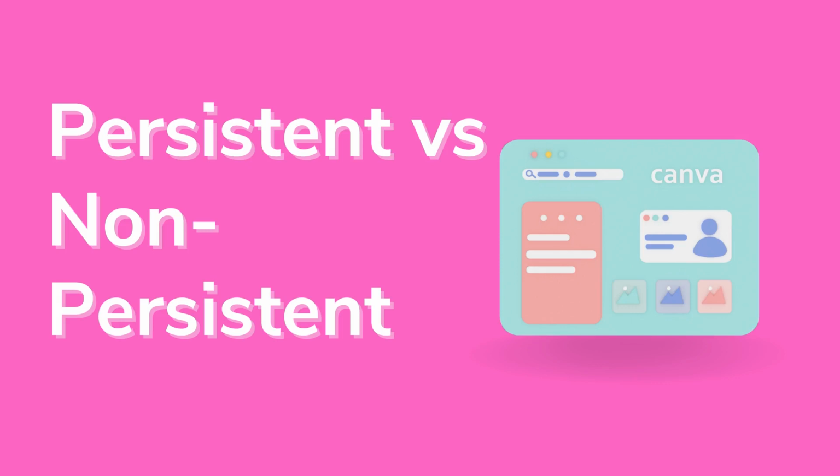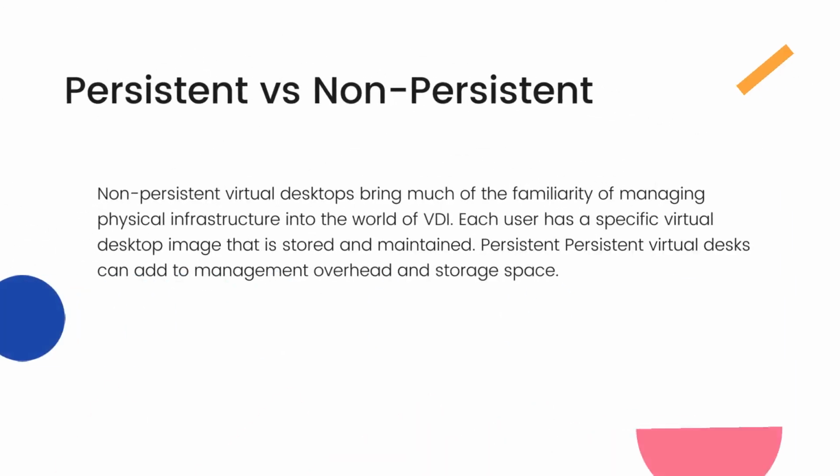Persistent versus non-persistent. Persistent and non-persistent virtual desktops are the two types of VDI that can be used. Each user has a specific virtual desktop image that is stored and maintained. The advantage of persistent is that their data is able to persist and can be managed in the traditional sense.